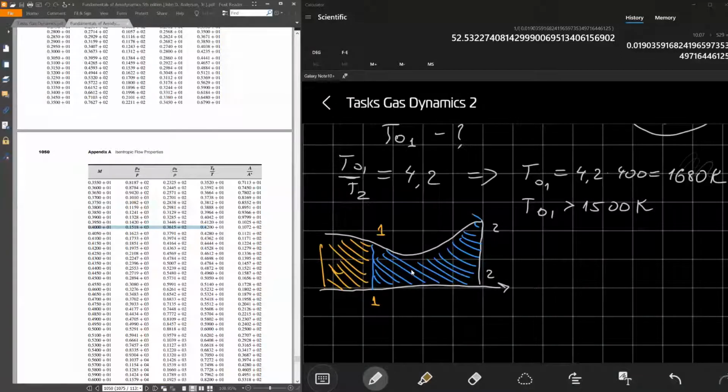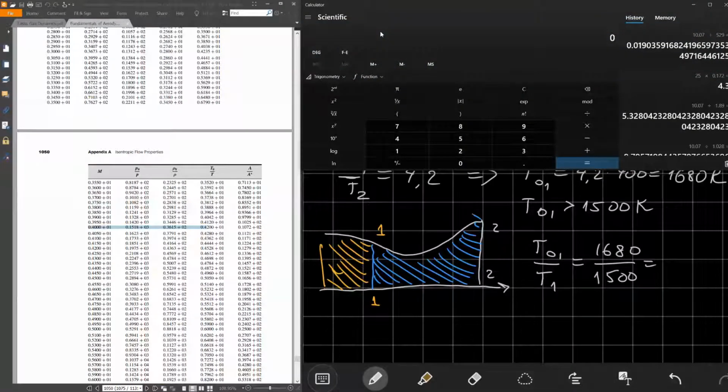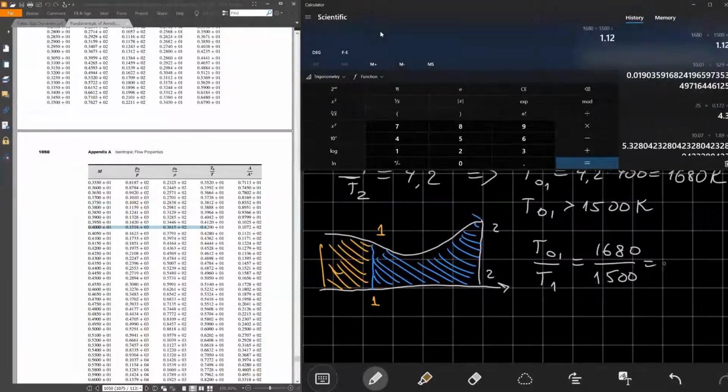We have 1680 K, and if we divide 1680 by 1500, this is our limit, T01 by T1 is 1680 divided by 1500, and it will be equal to 1.12.